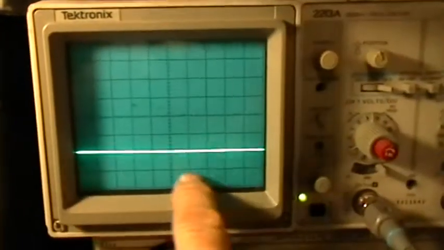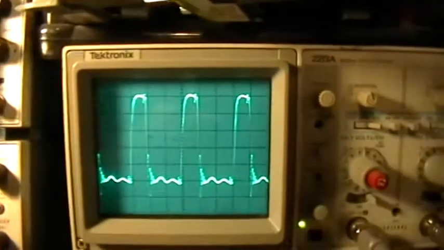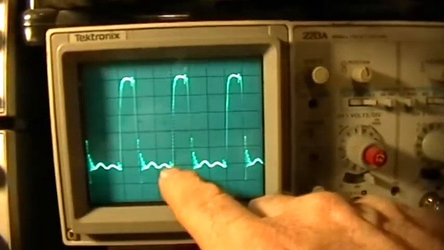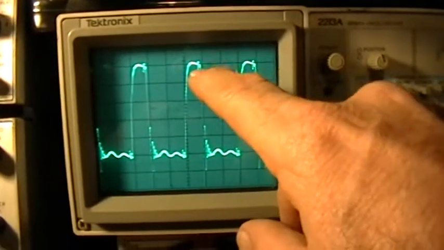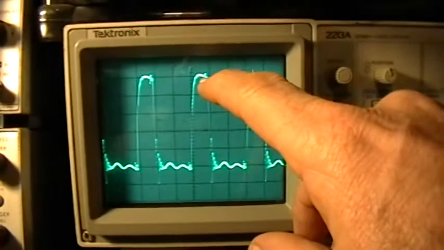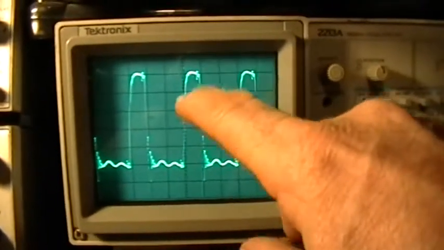That's where the zero baseline is, right there. And we are looking at that at 1/10 of a volt per division. Okay, and so I'm seeing 1, 2, 3, 4, 5, just a slight hair over 5/10 of a volt, but it's got rounded shoulders.